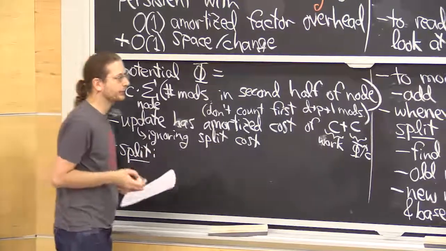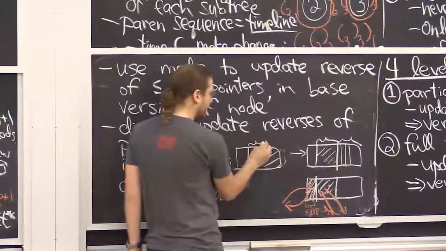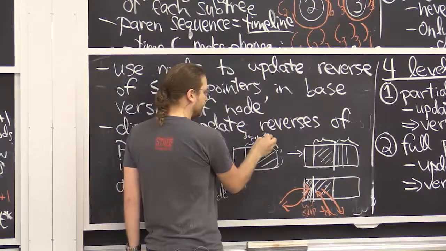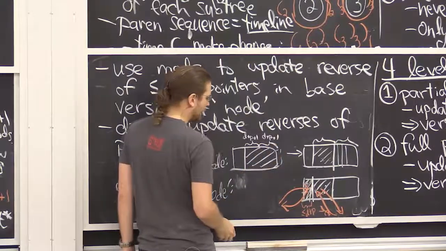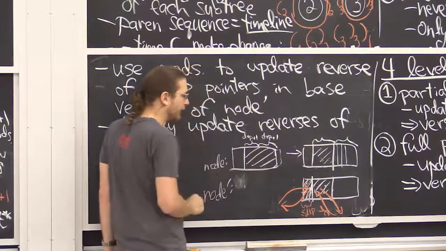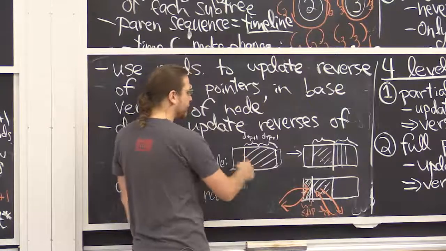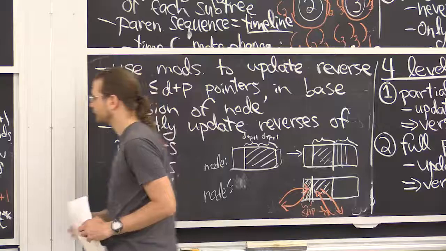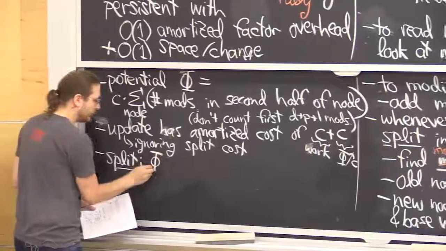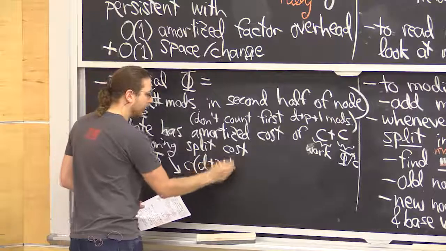So what happens in a split? We have this picture. Again, we're ignoring the first half of the node. This is d plus p plus 1. Before we actually do the update, we haven't added the extra mod. So before we do this split, we have potential here, which is like d plus p plus 1, and it disappears. So the potential of that node goes down by c times d plus p plus 1.